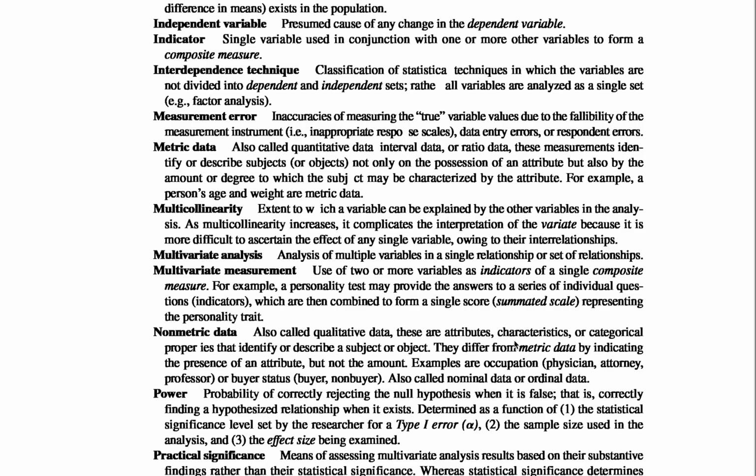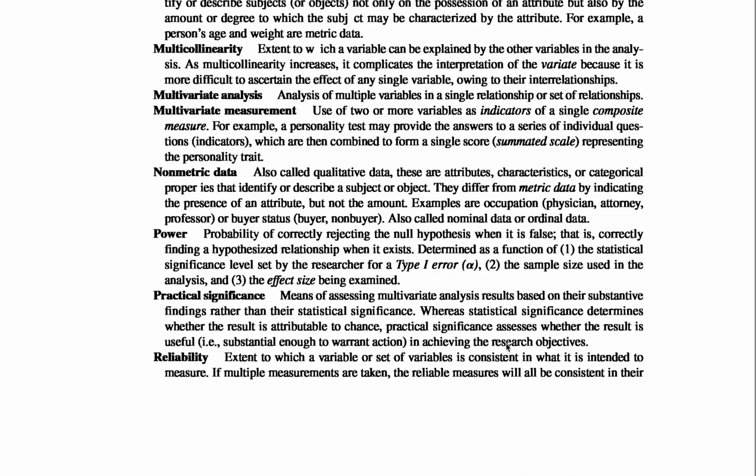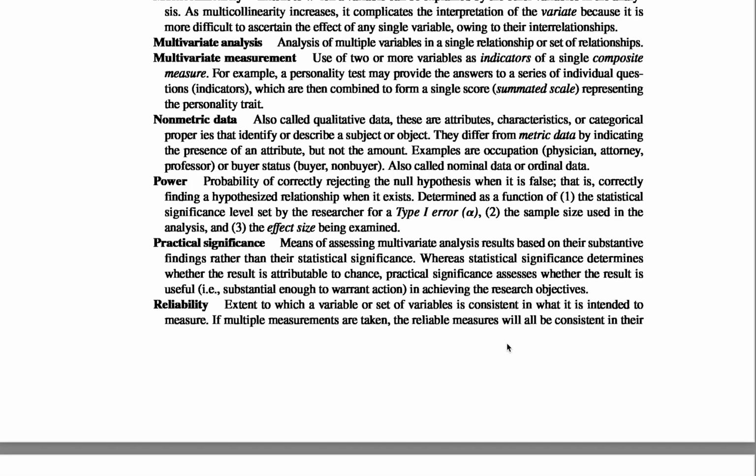For example, a personality test may provide the answers to a series of individual questions, indicators, which are then combined to form a single score, summated scale, representing the personality trait. Non-metric data, also called qualitative data. These are attributes, characteristics or categorical properties that identify or describe a subject or object.